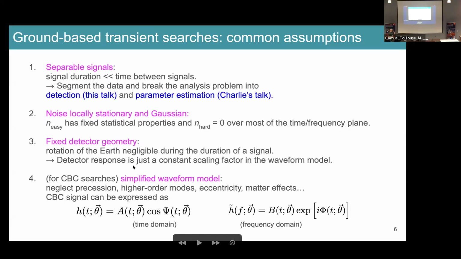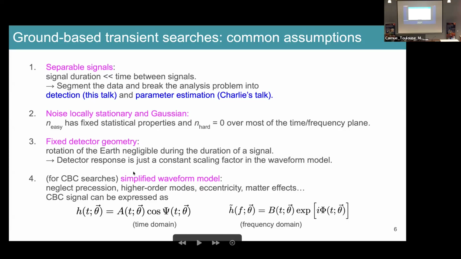So all those nice physical effects that Frédéric talked about, precession, higher order modes, eccentricity, matter effects, cosmology, we are going to forget about them, pretend they don't exist. And our signal model is going to become simply a scaling factor at the beginning, cosine, phase term, like this.